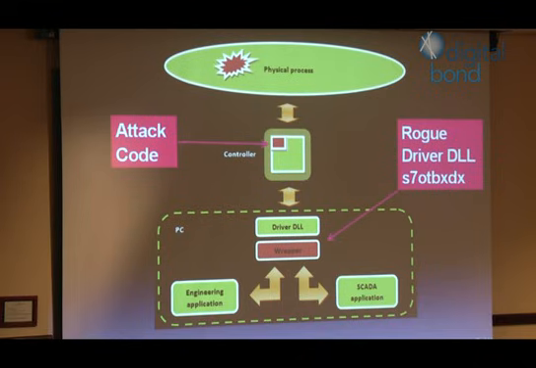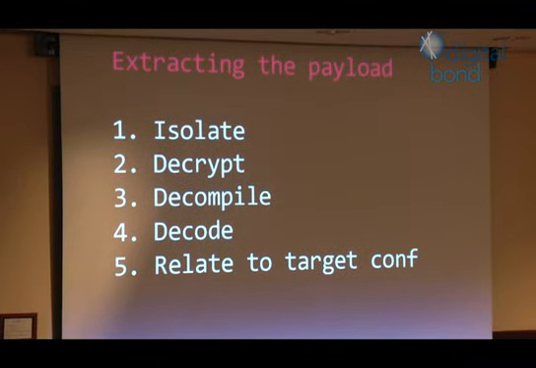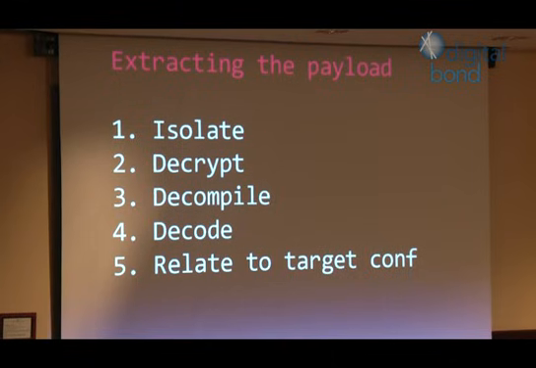So in order to reverse engineer the attack code, you have to go through a 5-step process that you can see here. First, you have to isolate the rogue ladder logic in the wrapper. Then you have to decrypt it because it's encrypted by the attackers. Then you can decompile the code that you have, and you end up with Step 7 code.